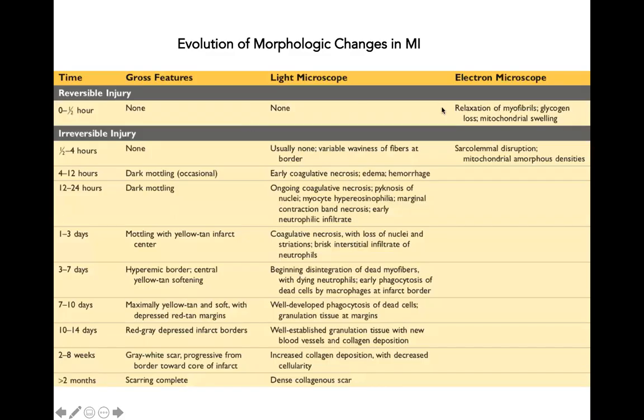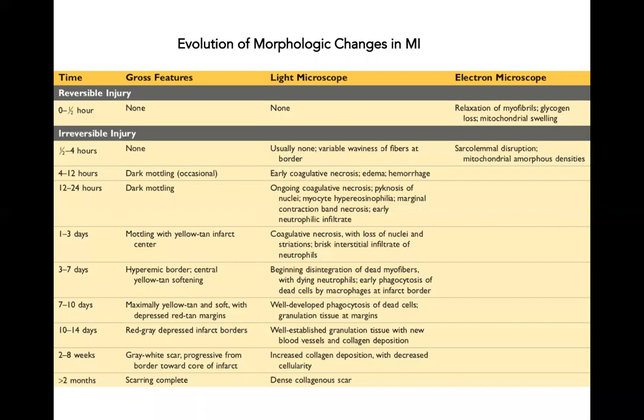Okay, so this is the evolution of the morphologic changes in myocardial infarction. So this is in your notes. So yung golden time natin, so dapat less than, okay, less than 30 minutes. Kasi from that time on, pwede pang ma-salvage yung heart or pwede pa siyang ma-save.